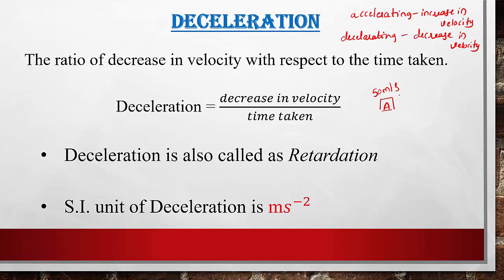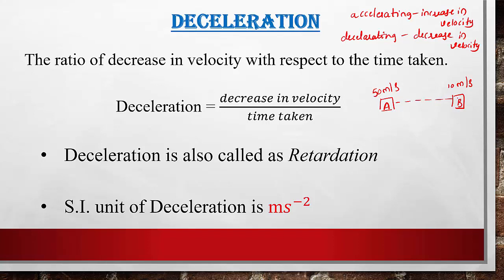Suppose I apply brakes on the car, when we apply the brake, velocity of the car decreases. Let us take at point B, its velocity is 10 meter per second. So here there is decrease in velocity. Change in velocity takes place but its value is decreasing, so we can call it deceleration, or the car is decelerating.